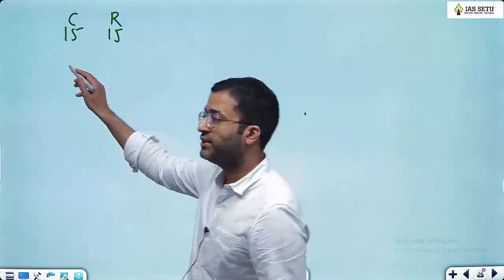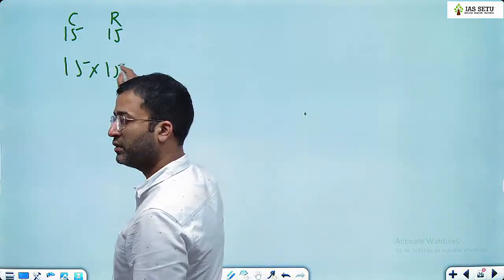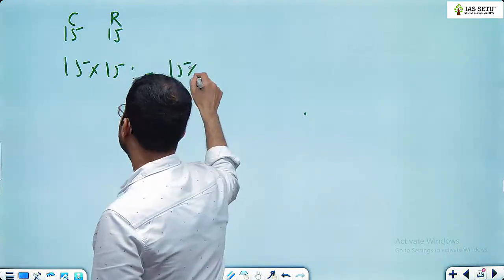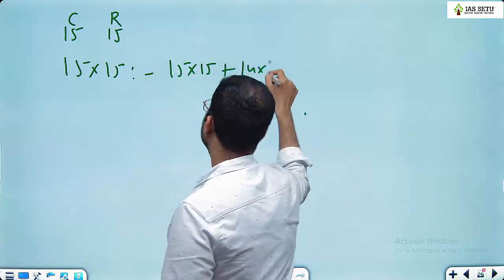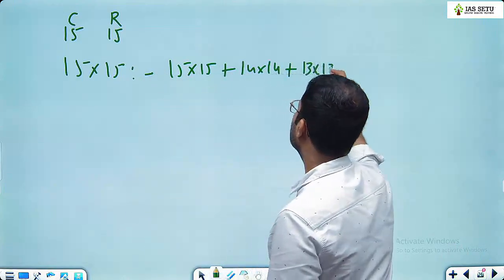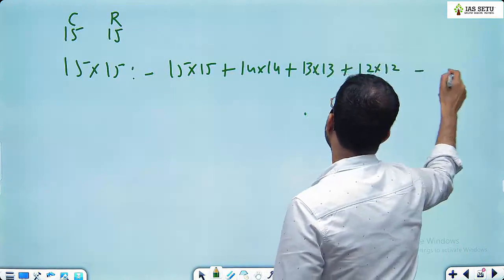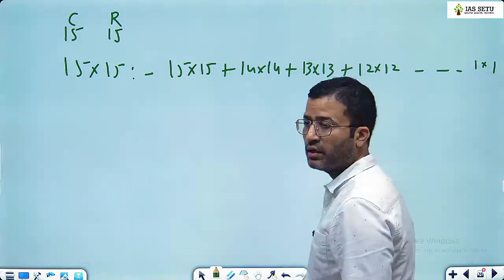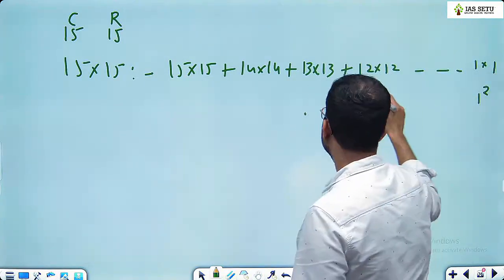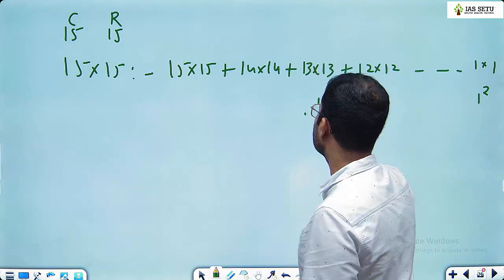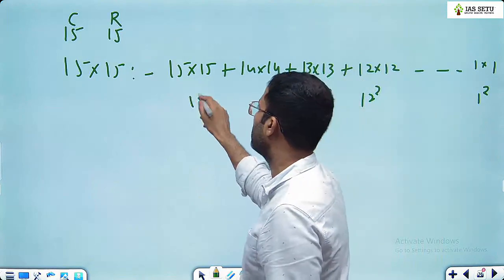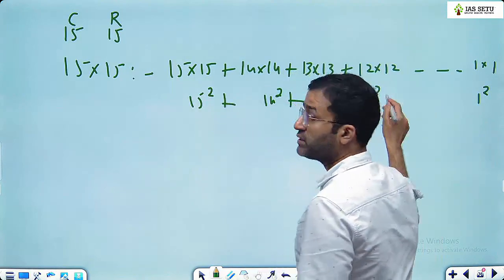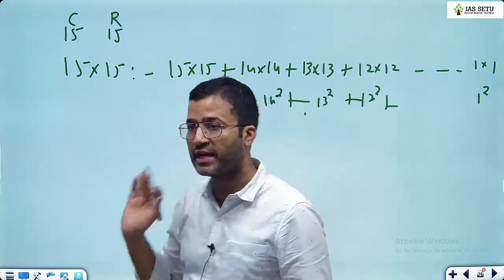See here, this is a 15 by 15 figure. Our shortcut is 15 into 15 plus 14 into 14 plus 13 into 13 plus 12 into 12 up to 1 into 1. Can you see it is 1 square, 2 square, 3 square, 12 square, 13 square, 14 square, 15 square. Can we apply our formula, sum of the squares of first n natural numbers?